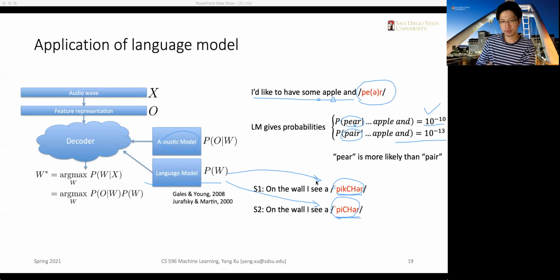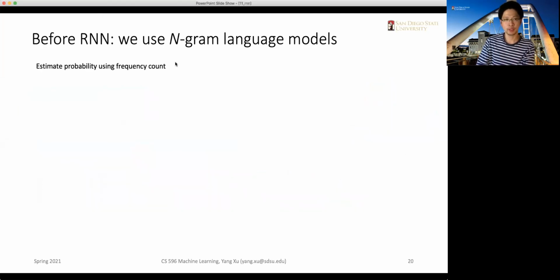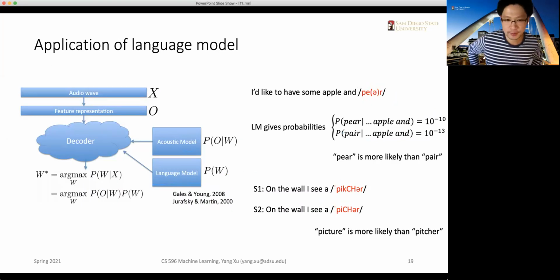It provides the probability information regarding all the previous words in the output sequence, right? So in this particular example, the first picture will be more likely than the second. Okay, so that's the application of language model in speech recognition tasks.